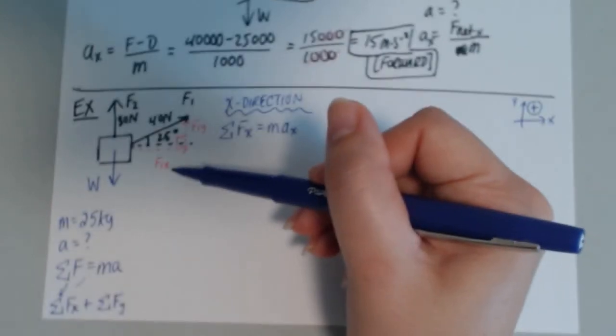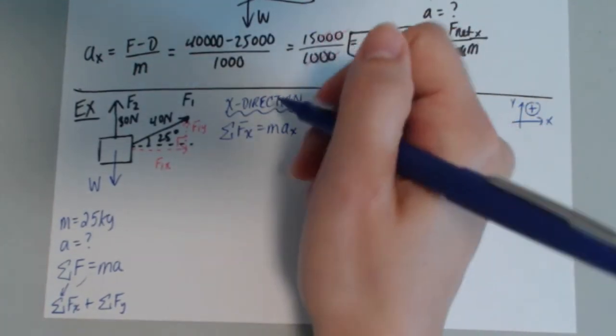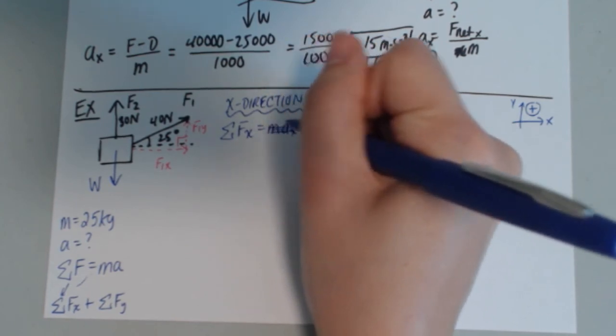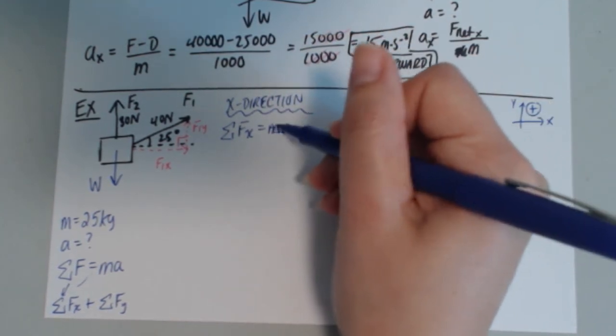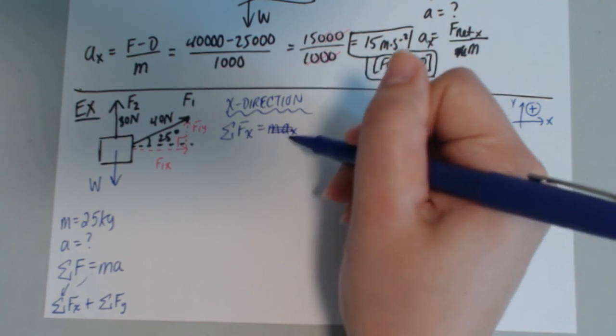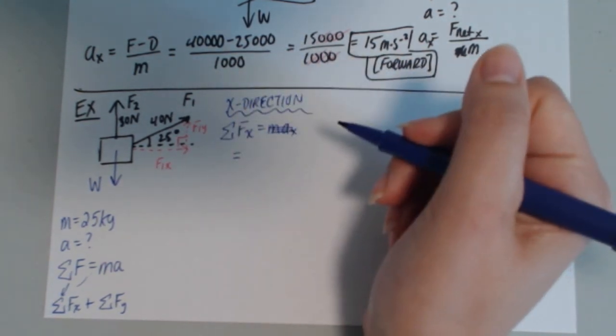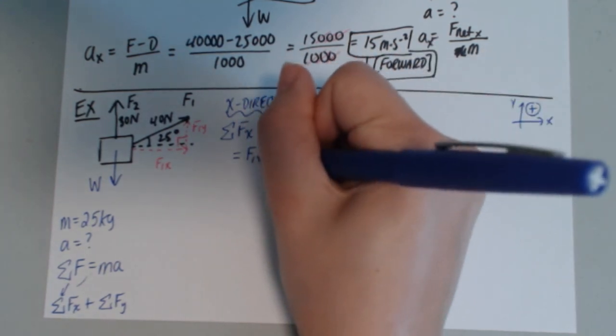Oh, I only have one force in the x, it's F1x. So actually, I don't need to do this part. I'm going to find the sum of the forces not by multiplying m times ax, because I don't know what ax is. I'm going to look at the forces individually. So the sum of the forces in the x is just F1x.